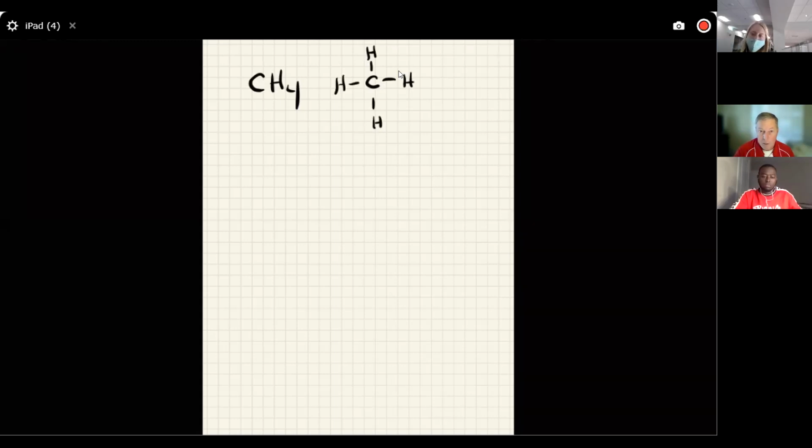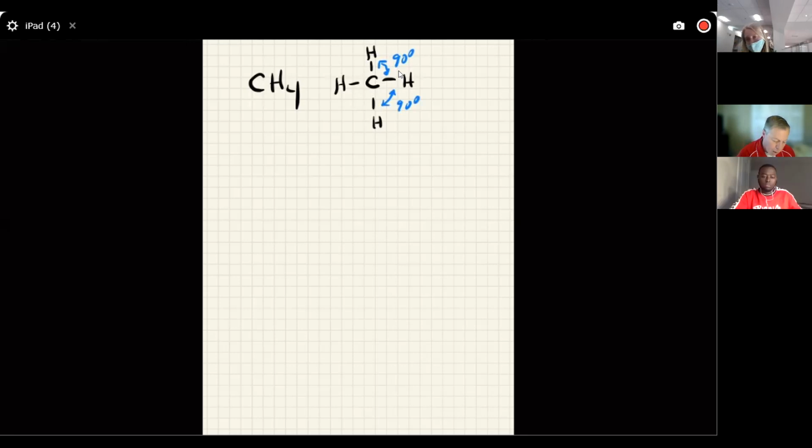Now here, hopefully you remember this. If you didn't, you're going to have to review general organic and biological chemistry. If you notice the way I've written this, you see how these all look like they're 90 degrees? That's not right. The angles between all of those bonds are not 90.